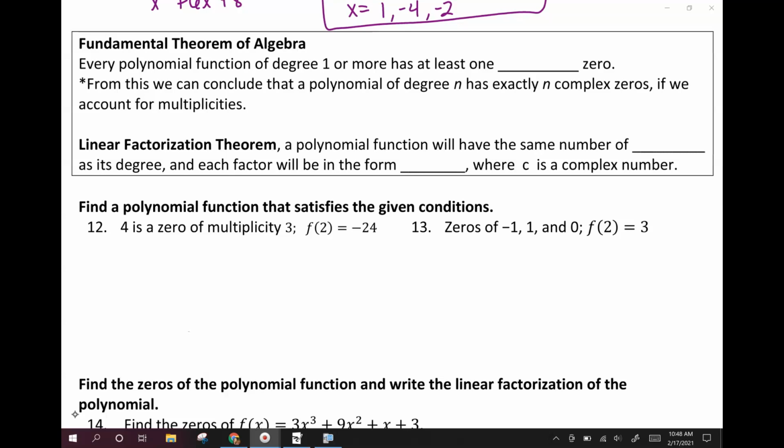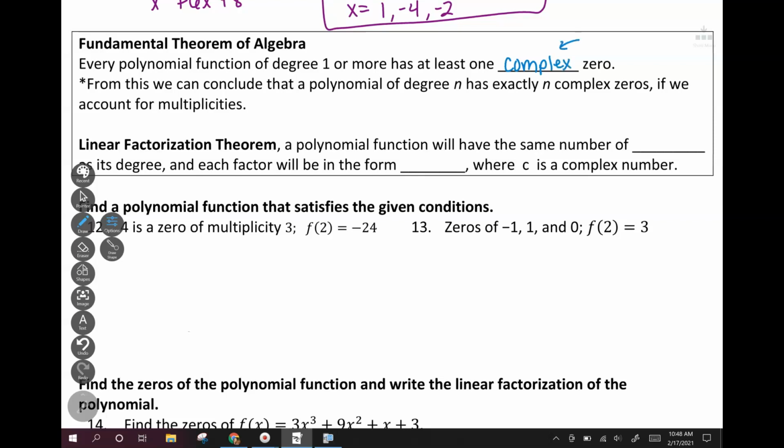If every polynomial function of degree 1 or more has at least one complex zero. Remember, complex just means a plus bi. So it's saying that it could be a real zero, it could be an imaginary zero, it could be a combination of the two.